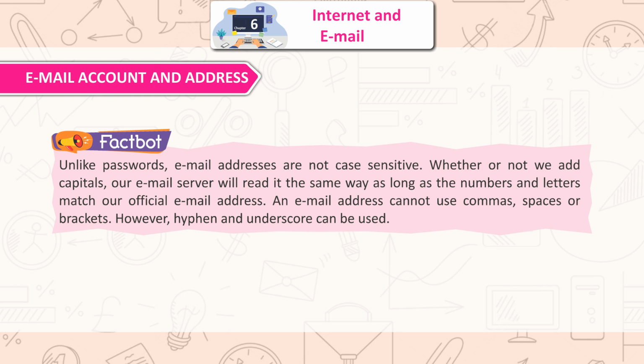Unlike passwords, email addresses are not case sensitive. Whether or not we add capitals, our email server will read it the same way as long as the numbers and letters match our official email address. An email address cannot use commas, spaces, or brackets. However, hyphen and underscore can be used.